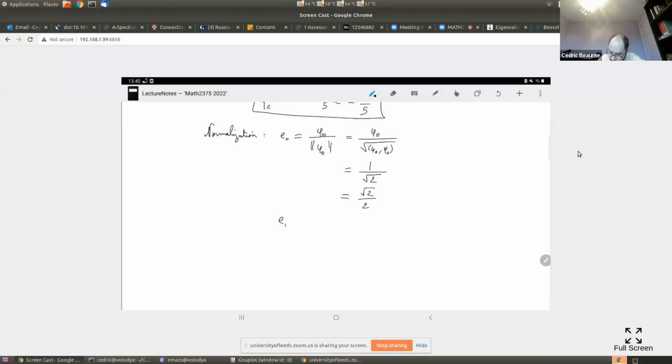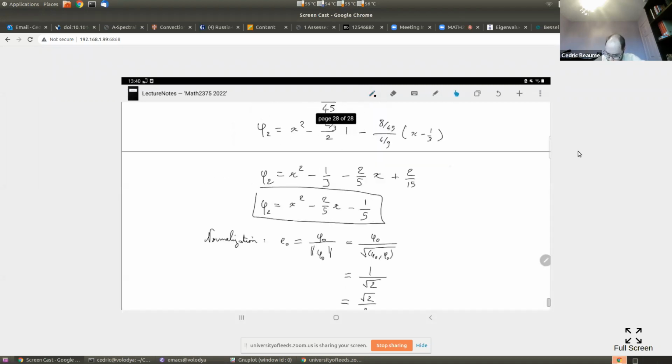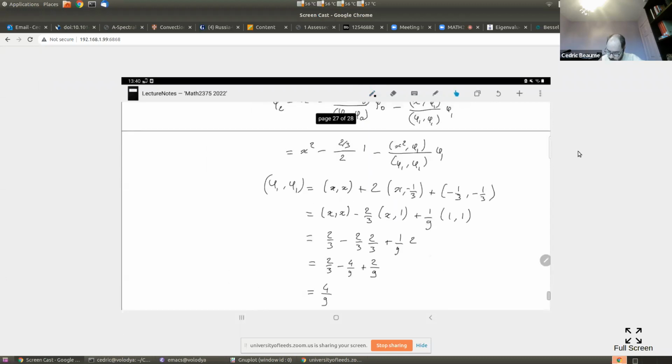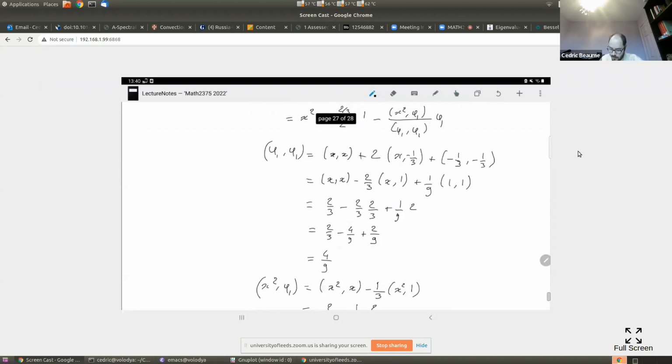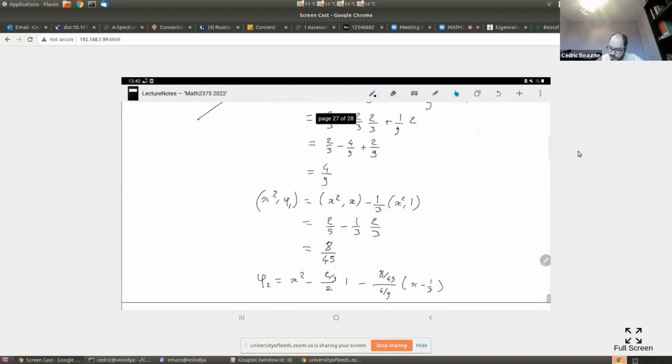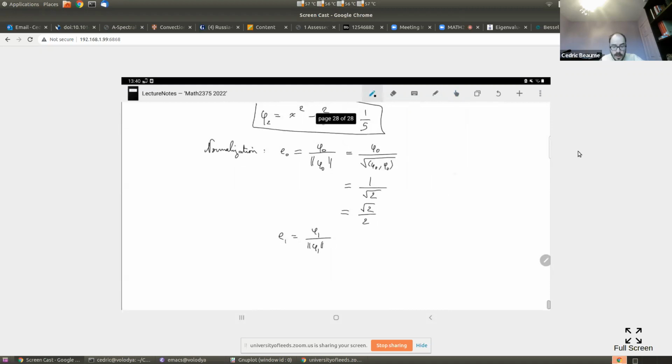Then you can do the same thing with E1. And E1 is going to be phi1 divided by the phi1 norm. And the inner product of phi1 with phi1, we've already calculated it. Where is it? Phi1, phi1. There we go. It's 4/9. And we need to take the square root of 4/9. Fine.